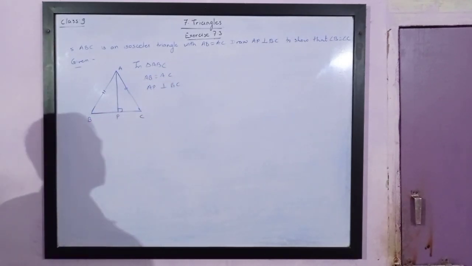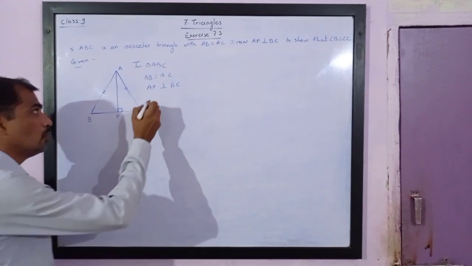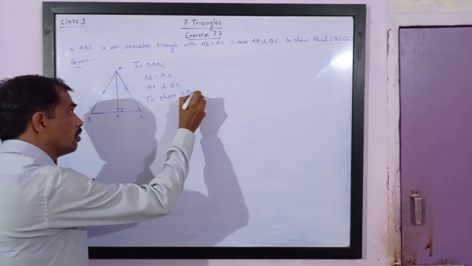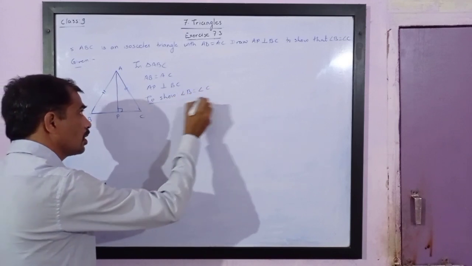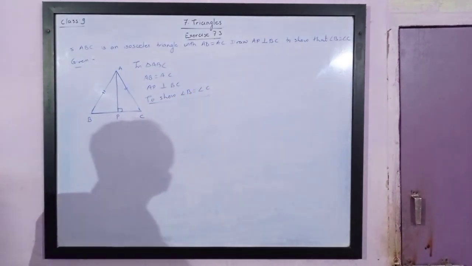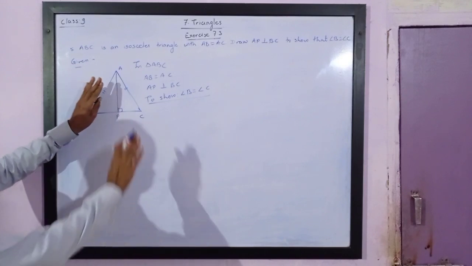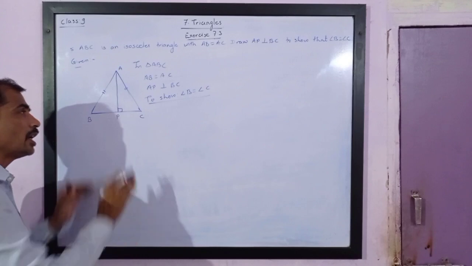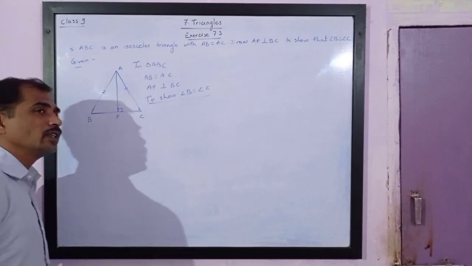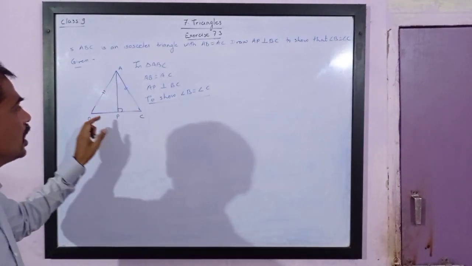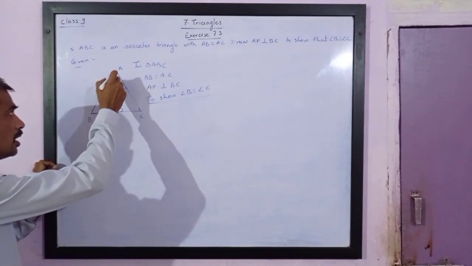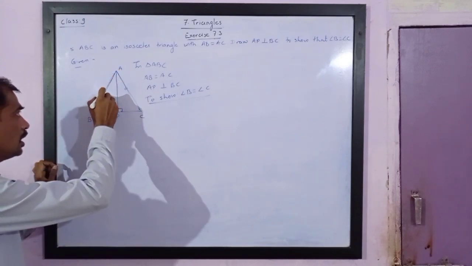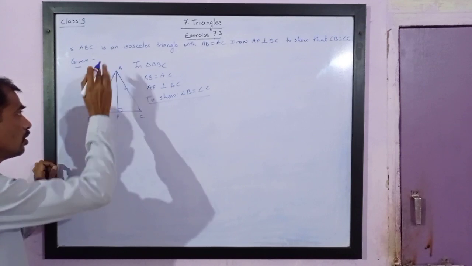We have to show angle B is equal to angle C. For this, we are going to consider these two separate triangles and prove that they are congruent to each other. If they are congruent, their corresponding angles are congruent. My figure is slightly not looking congruent.